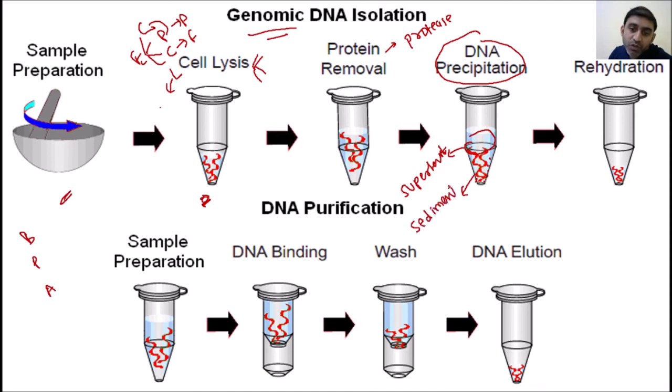So sediment and supernatant will form, and then DNA rehydration, sample preparation, DNA binding, washing, and DNA elution. I told you what elution is. Separated DNA fragments can be seen only after staining with ethidium bromide, followed by UV radiation, as bright orange colored bands, and the separated DNA is cut from the agar gel and extracted from the gel pieces. That step is called elution.